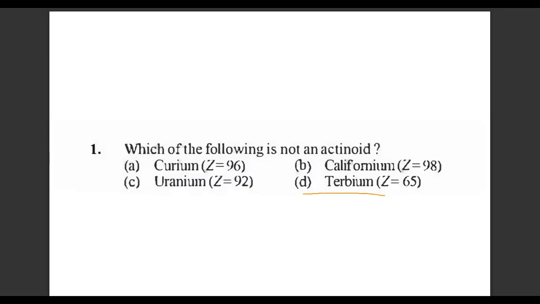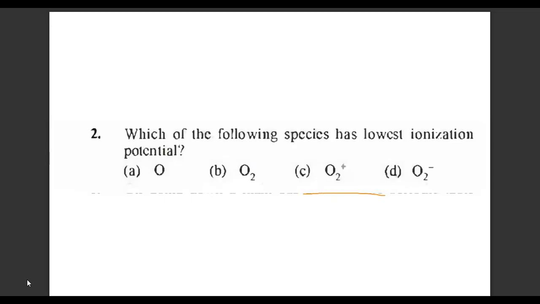Let's read question number two. This is a lanthanide. Question number two. I hope it's clear. Which of the following species has the lowest ionization potential? Oxygen atom, oxygen molecule, oxygen cation, and anion.